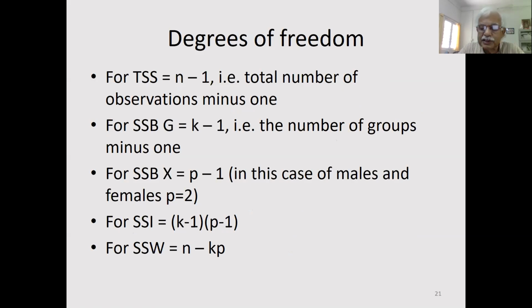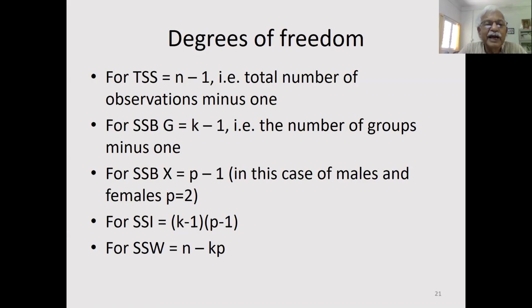Degrees of freedom for total sum of square n minus 1, sum of square between gender k minus 1, between the other variable urban rural p minus 1. For sum of square interaction the degrees of freedom is the product of degrees of freedom of respective independent variables. So k minus 1 into p minus 1.